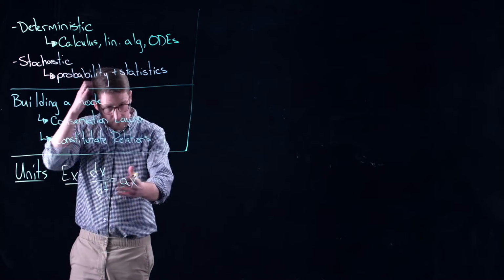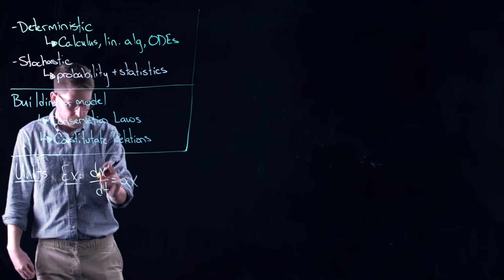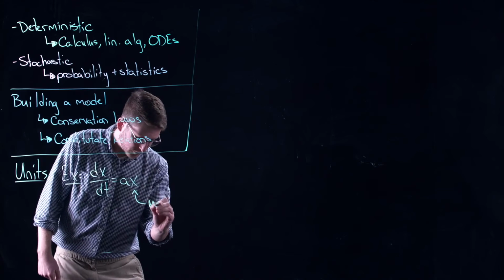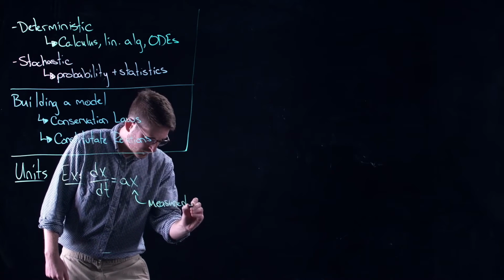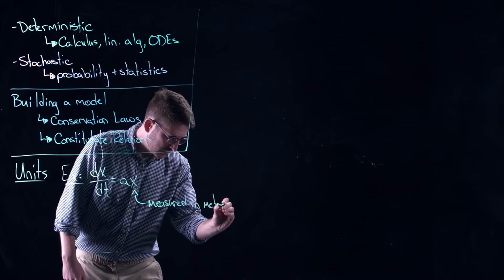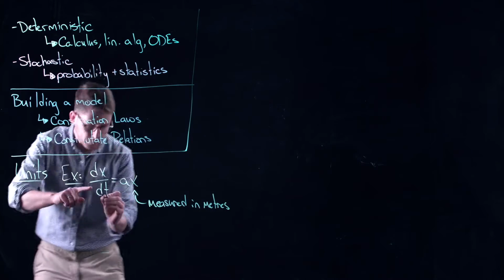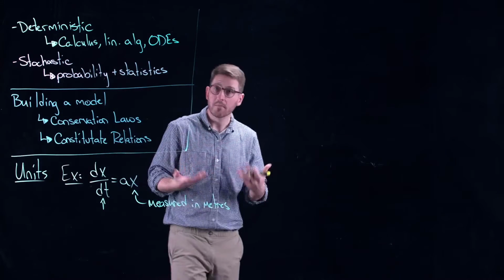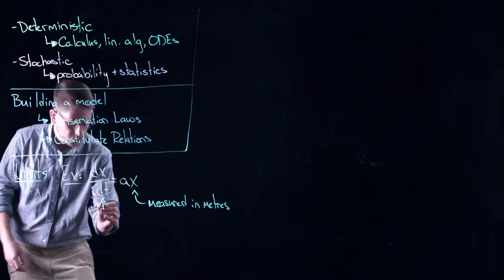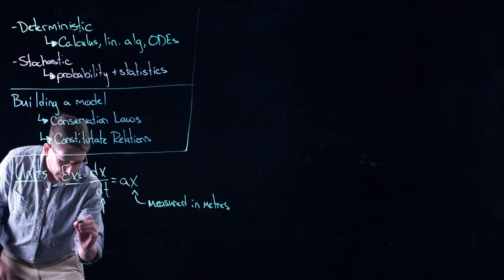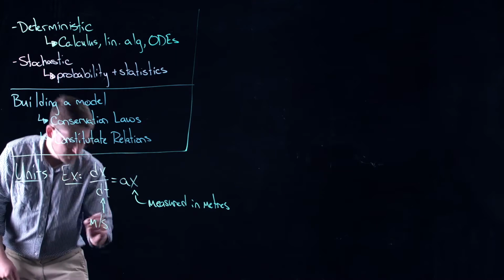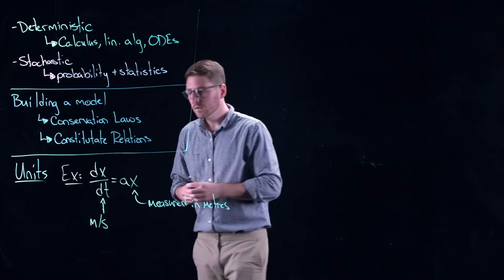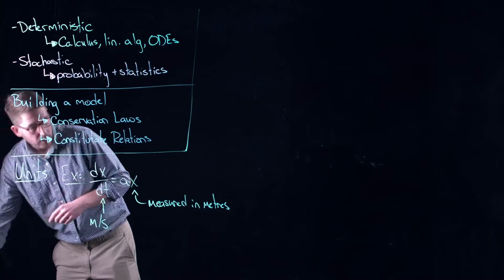Since I am clearly looking at knowns and unknowns here, x is going to be measured in meters, for example. So that's good. Now, the derivative is a rate, and so it is going to be meters per unit time. In my case, let's imagine it's seconds. So time is measured in seconds. So this is meters per second, because time is measured in seconds. Then the question is, what are the units of a?